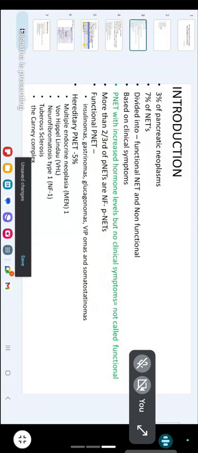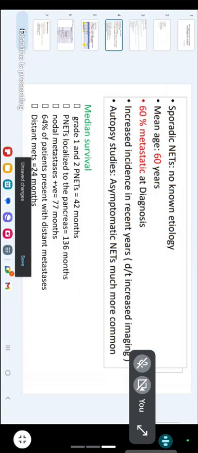Functional ones are insulinomas, gastrinomas, glucagonomas, VIPomas and somatostatinomas. 95% of PNETs are sporadic and only 5% are hereditary, associated with MEN1, VHL, NF1, tuberous sclerosis and Carney complex. Sporadic NETs have no known etiology, with a mean age around 60 years and 60% metastatic at diagnosis.